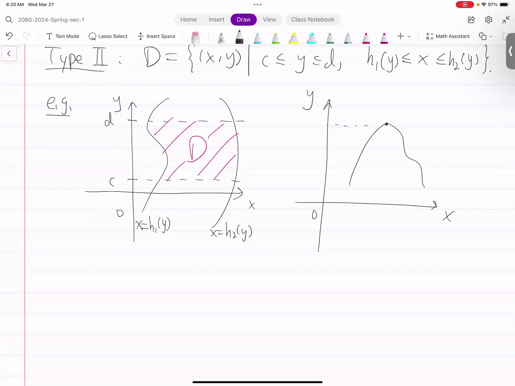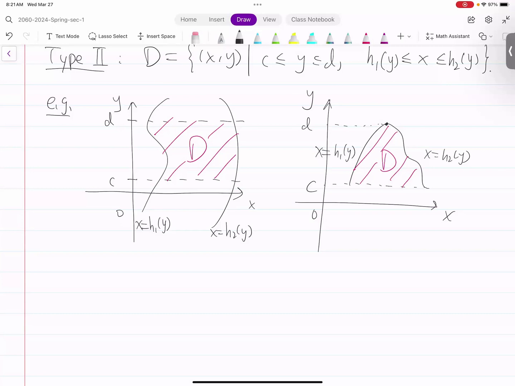So let's say this is the largest possible y value, d, and the smallest possible y value is c. And then the region is defined by x equal to h1 of y, x equal to h2 of y as the upper and lower bounds for the x value.